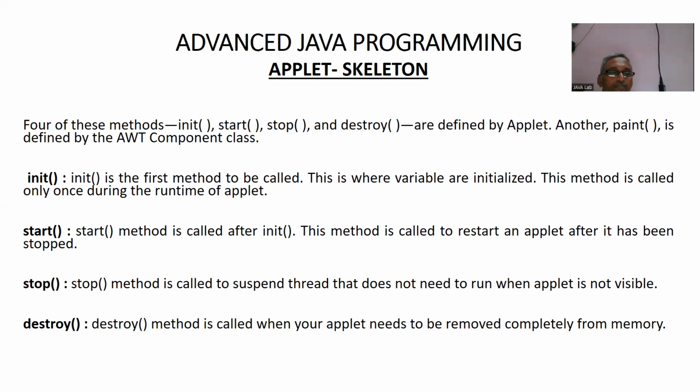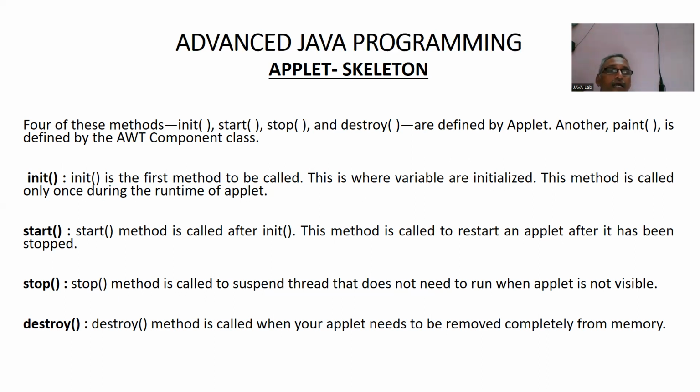Four of these methods, init, start, stop, and destroy, are defined by Applet. Another, paint, is defined by the AWT component classes. This is a major method, the paint method. Most applets override these four methods. These four methods form the applet life cycle.